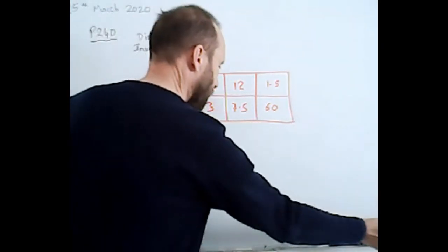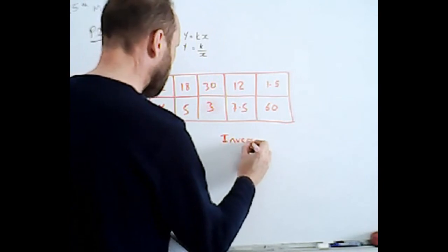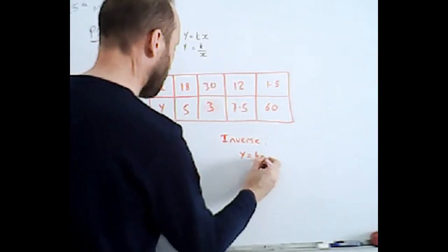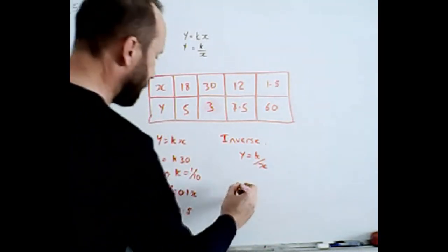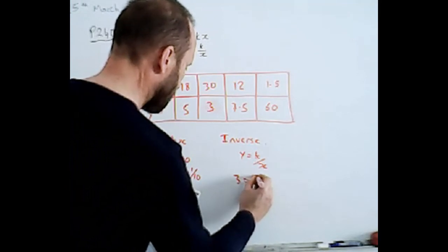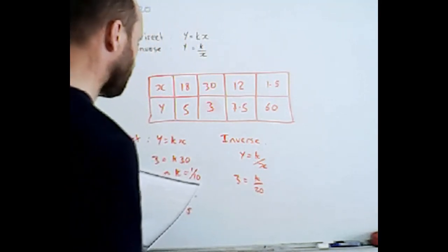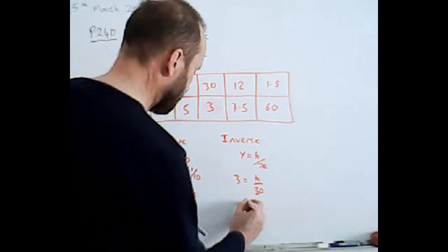So is it inversely proportional? The formula we got here is y equals k over x. Again, look at the crib sheet here. 3 equals k over 30. So therefore, k equals 90.